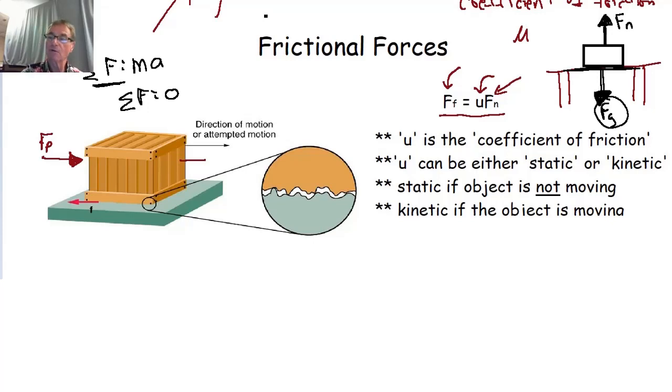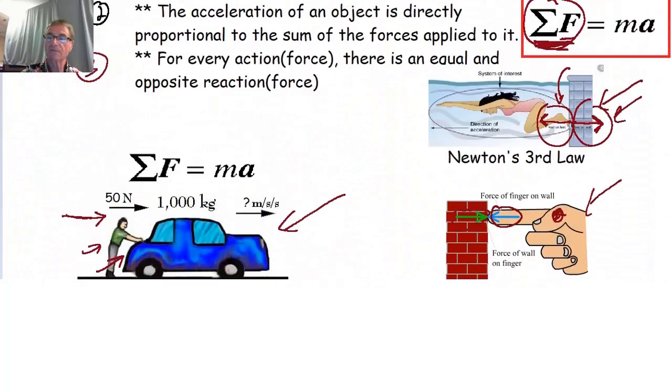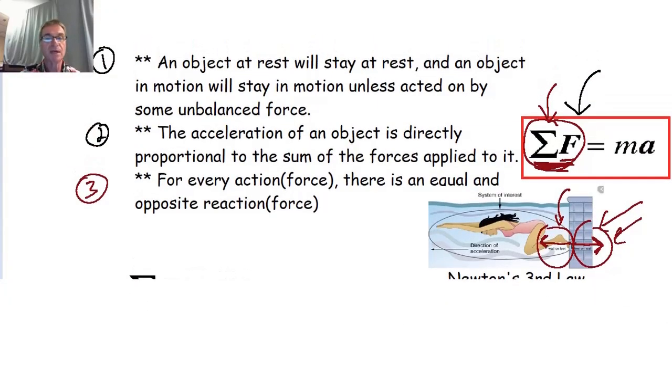So what we've done so far is cover Newton's three laws. The first law: an object at rest will stay at rest, and an object in motion will stay in motion unless acted on by some unbalanced force. Second law: the acceleration of an object is directly proportional to the sum of the forces on it, not just one force.